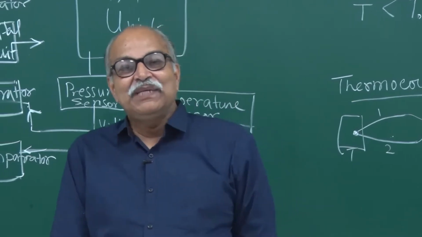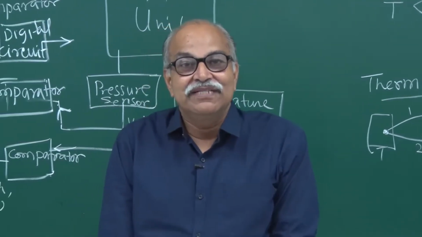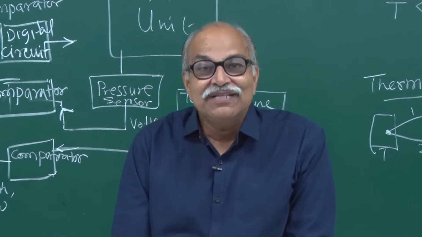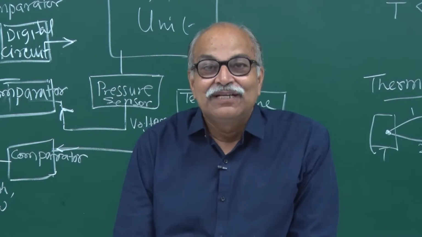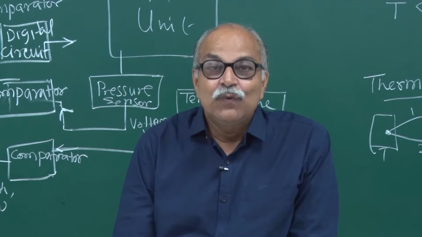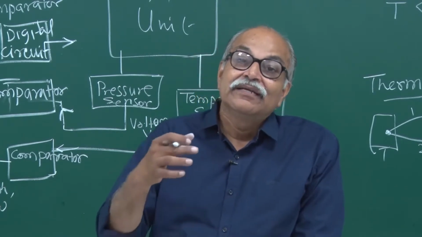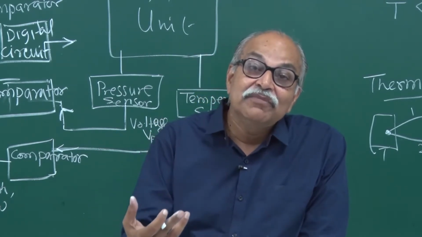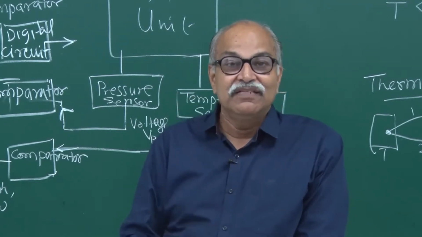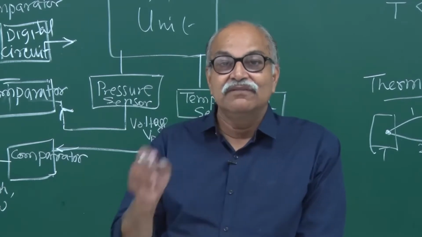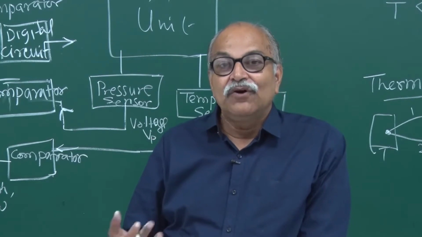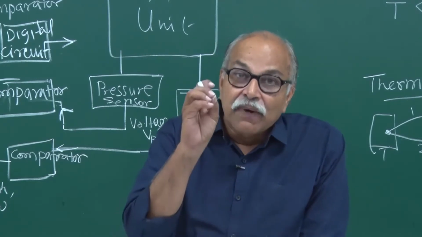Another very important area where digital electronics is needed is our arithmetic calculations or processing of information. All our calculators, all our computers, they work on binary number processing. Our calculators, we multiply things, we divide things, we do all kinds of calculations. In computers also there are a lot of calculations involved. So all these need binary numbers.